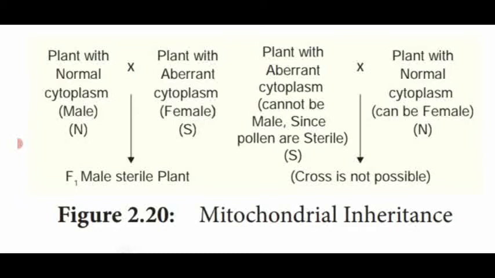The second one is crossed with a normal cytoplasm, which can be female, that is N. So when the reciprocal cross is done, there is no possible cross between the parents. That is, crosses are not possible when you are doing the reciprocal crosses. So that is the mitochondrial inheritance.